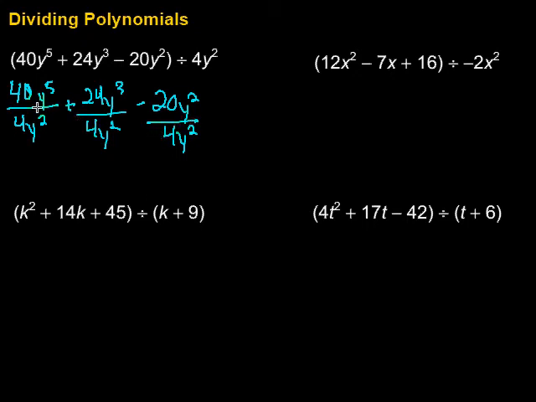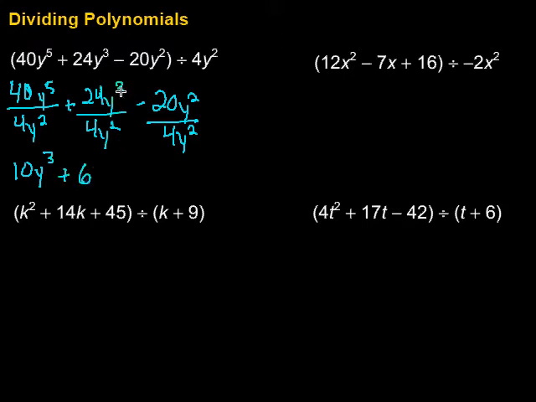Then I'm going to go ahead and simplify. So 40 divided by 4 is 10. Then my variable part, I have 5 y's there being multiplied, 2 there, so I have 3 left over on top when I simplify. So remember, we just subtract those exponents to get that. Okay, then 24 divided by 4 would be 6.